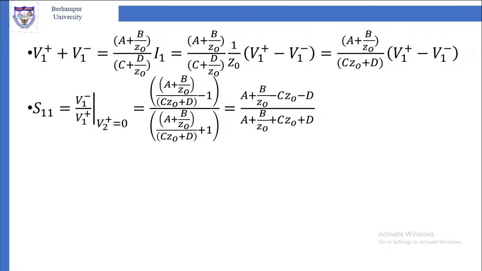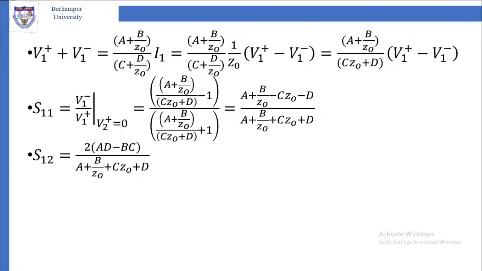So we can now write this as A plus B by Z0 divided by C Z0 plus D, minus 1, divided by A plus B by Z0 divided by C Z0 plus D, plus 1. So that will be equal to A plus B by Z0 minus C Z0 minus D, divided by A plus B by Z0 plus C Z0 plus D. So S11 is related to ABCD parameter.